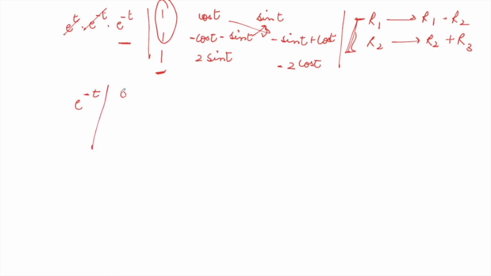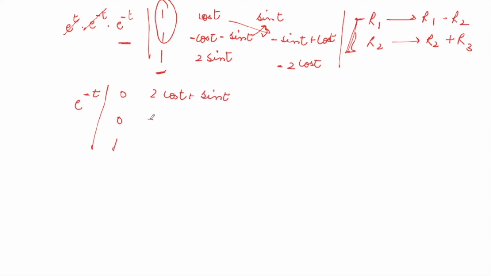So it will be 0, 0, 1 minus 5 sin t. It will actually be 2 cos t, sin t. So this will be 2 cos t plus sin t, right?